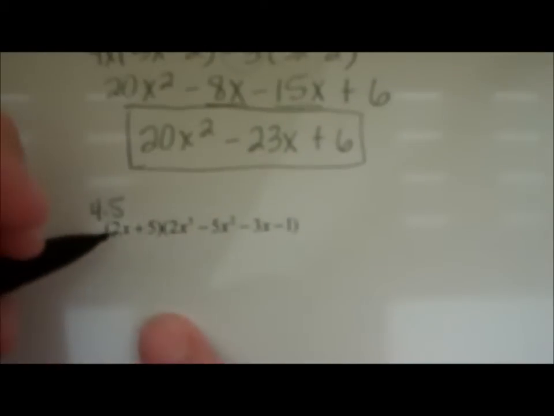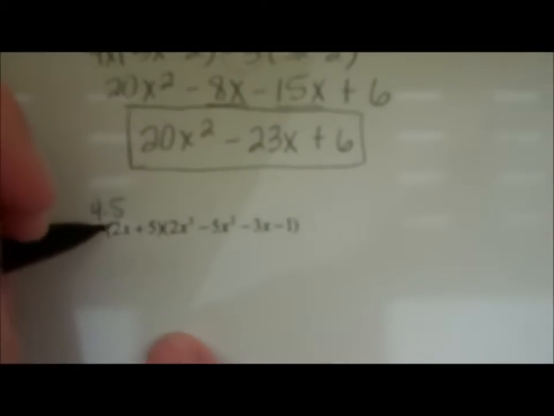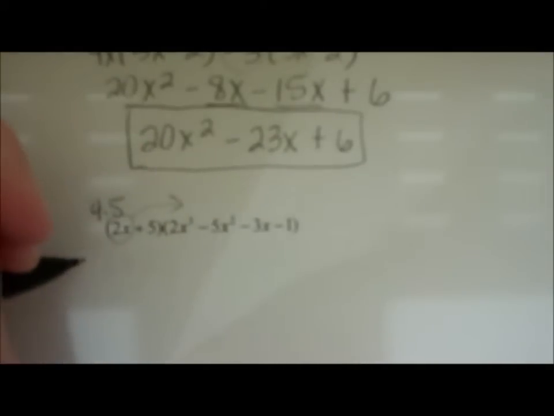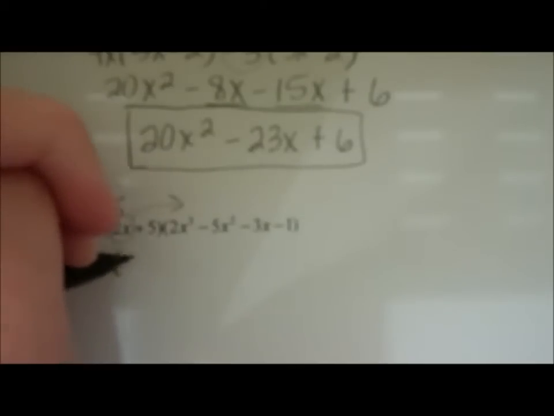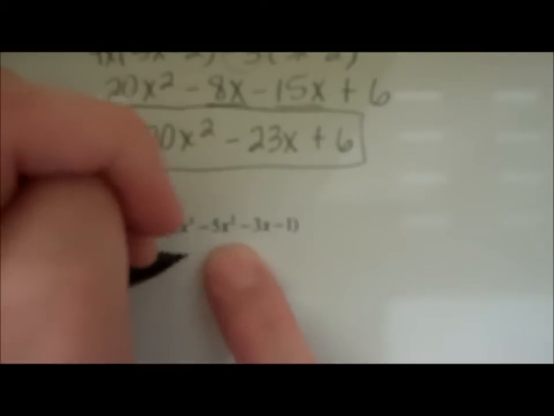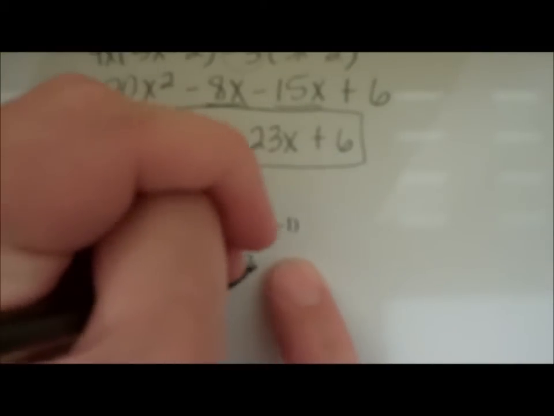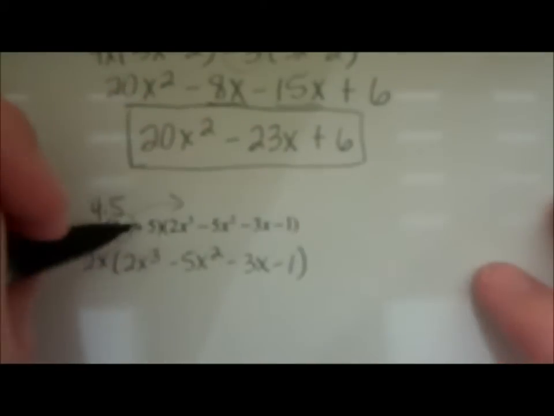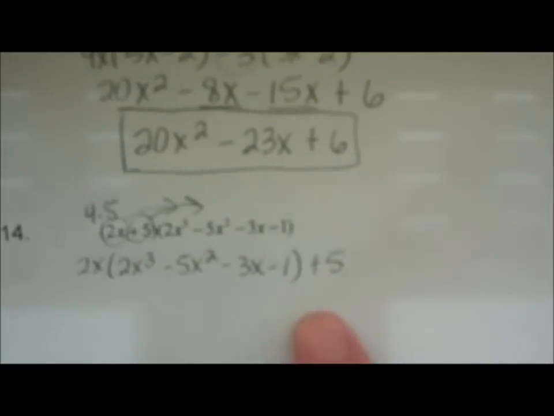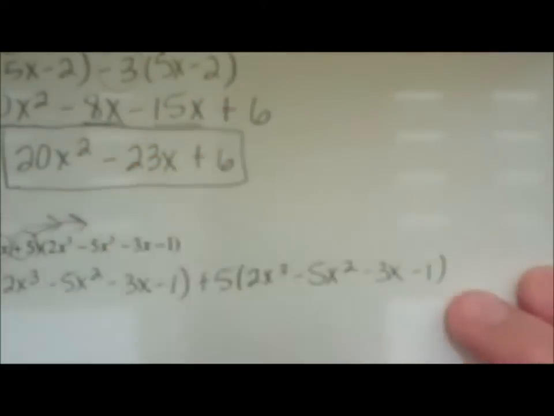I'm going to do this the long way, or the way that I know you're supposed to do this. You take 2x, distribute it to the entire parentheses. So 2x times 2x cubed minus 5x squared minus 3x minus 1. Take the second term, 5, and multiply it by the entire parentheses. 2x cubed minus 5x squared minus 3x minus 1.